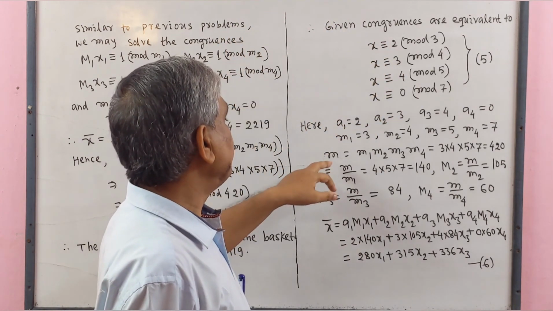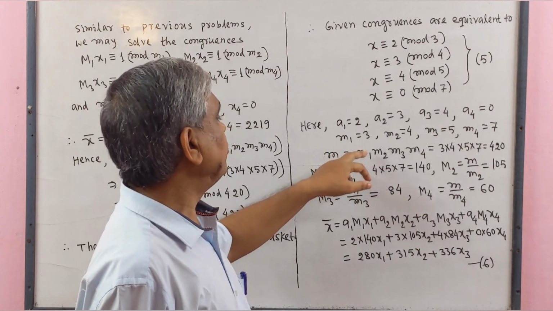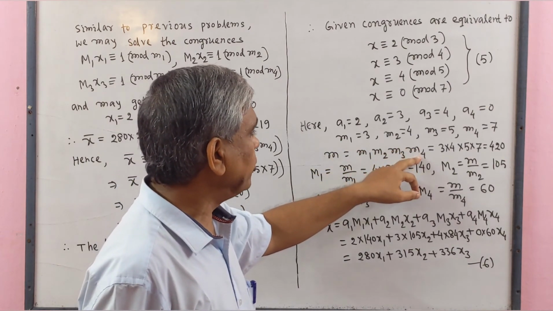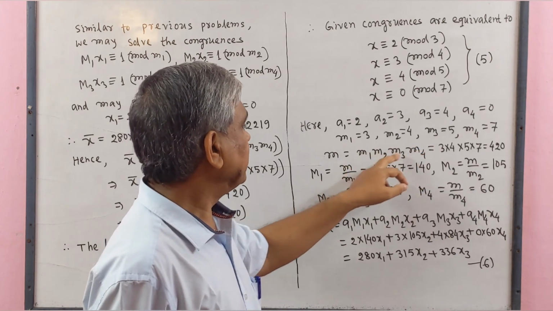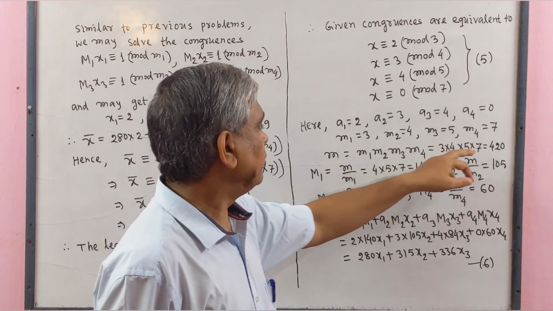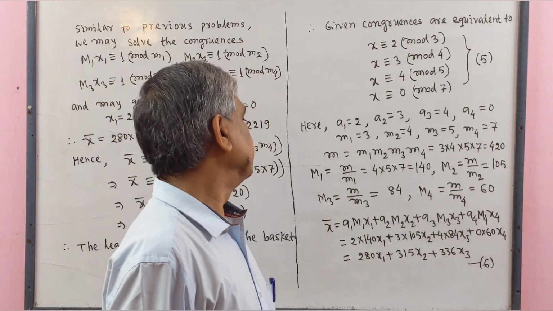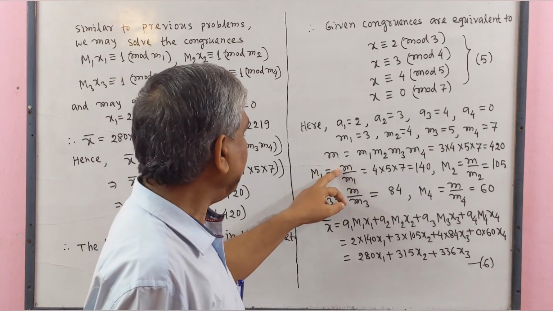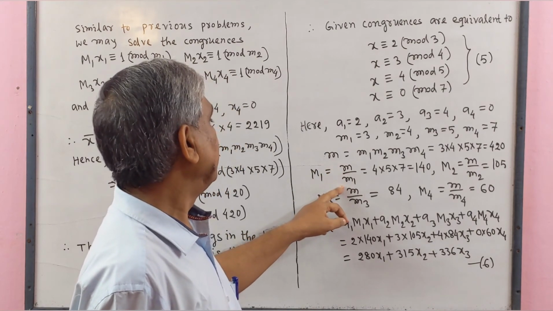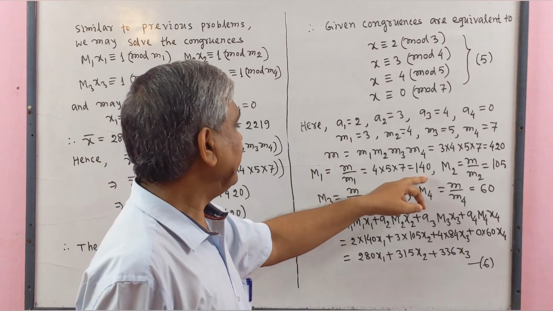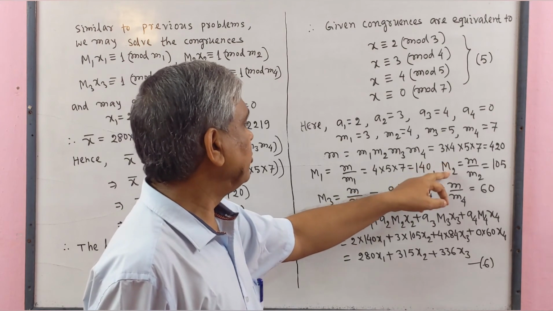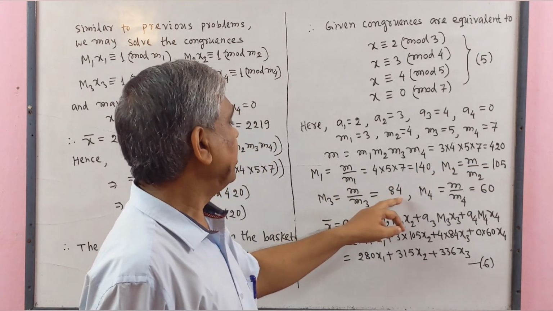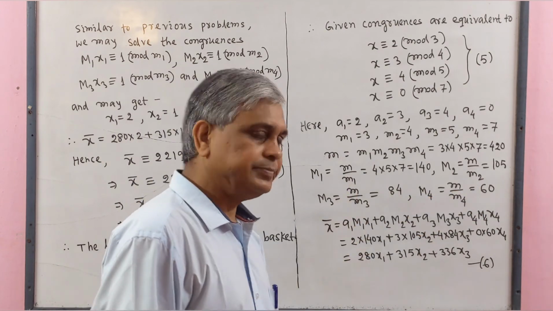Here, small m equal to small m1 multiply small m2 multiply small m3 multiply small m4, and we put the values and we get 420. Capital M1 is small m by small m1, and we get the value 140. Similarly, M2 equal to 105, M3 equal to 84, and M4 equal to 60.